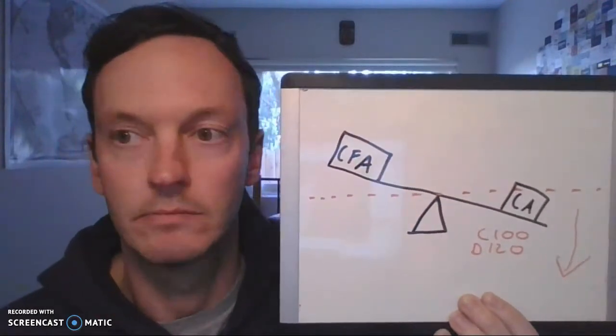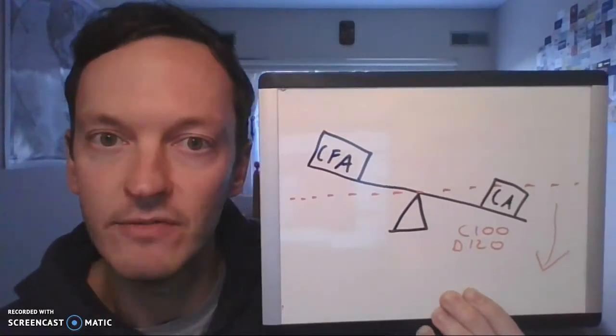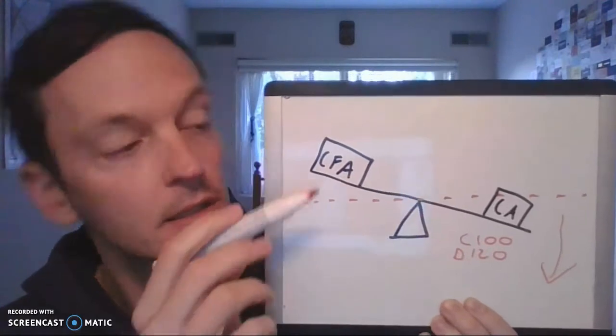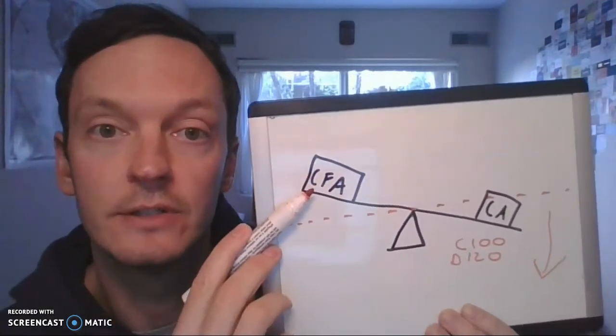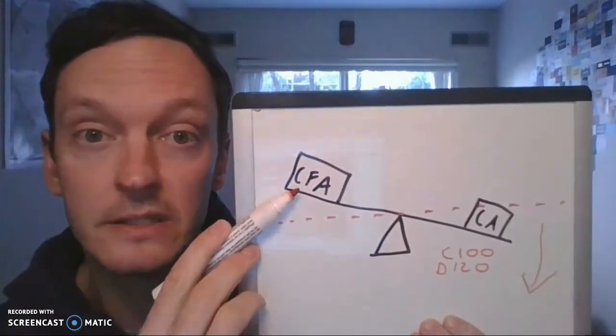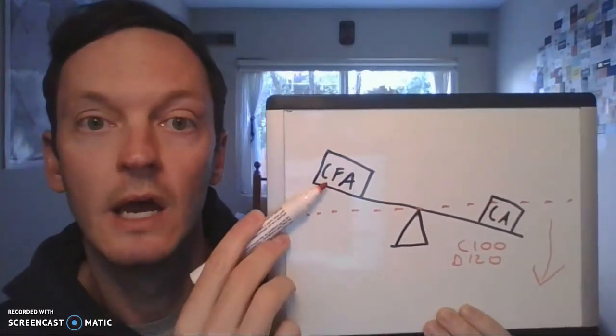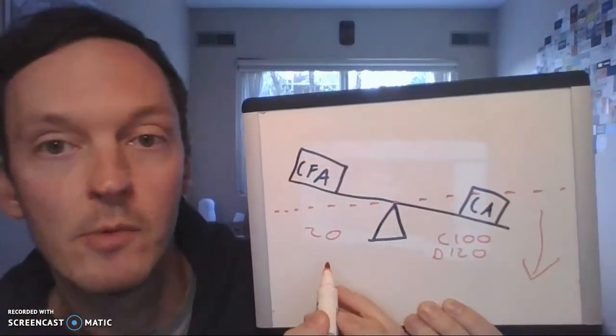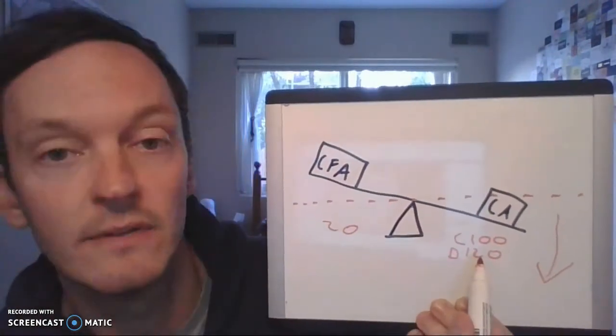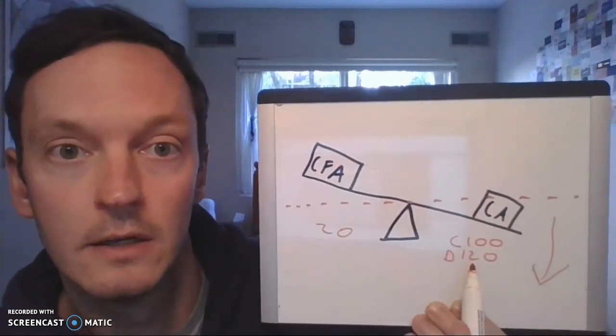Where's that extra 20 bucks coming from? Well, it's going to come from over here. Australia, whether it's businesses or governments or individuals, is essentially going to borrow $20 from overseas to finance the deficit over on this side.